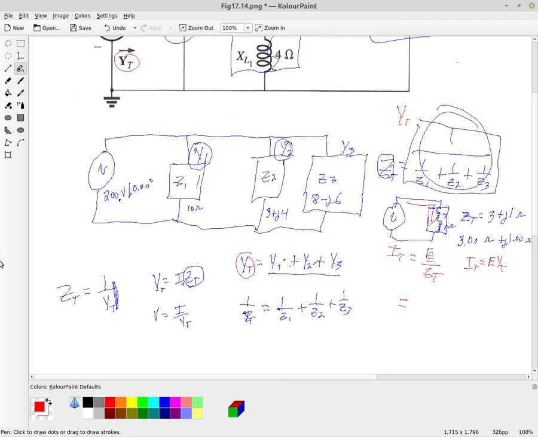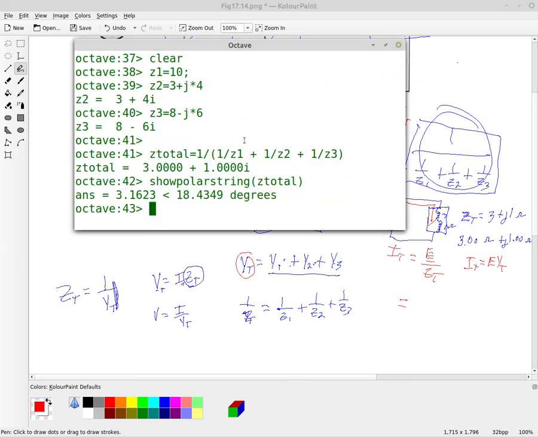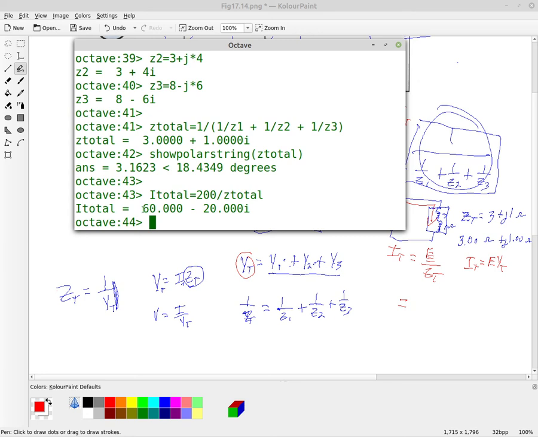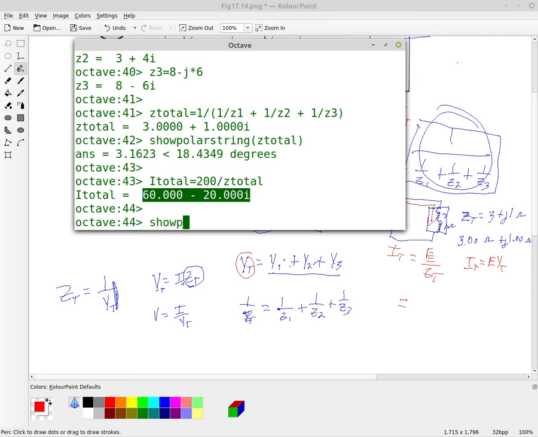All right, so we can find this I total now. E is 200 at an angle of 0, because it's our reference. And so I total is simply going to be 200 at an angle of 0 divided by Z total. With the Octave software, it gives us that in rectangular form, and then we can just convert that into polar form.